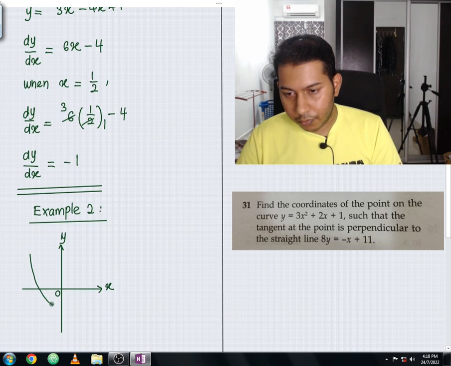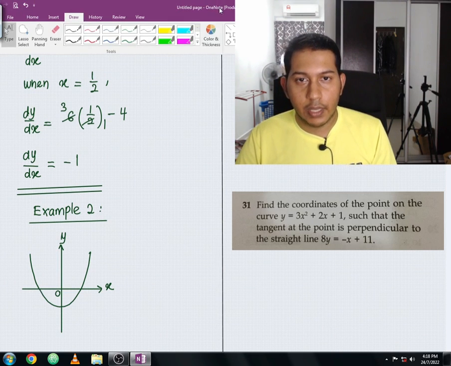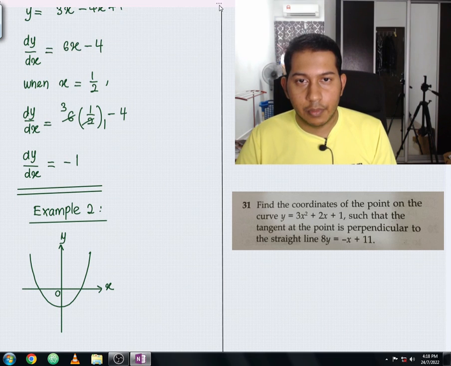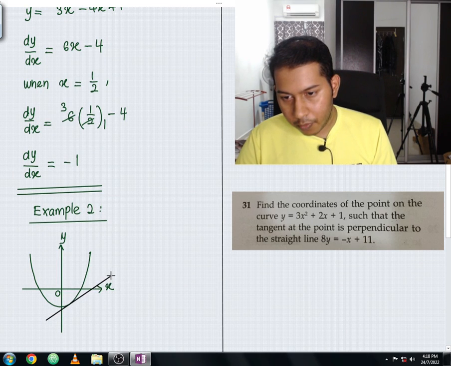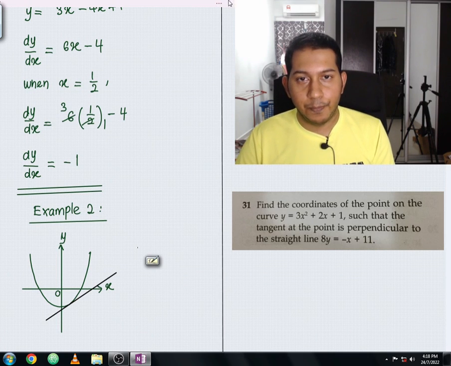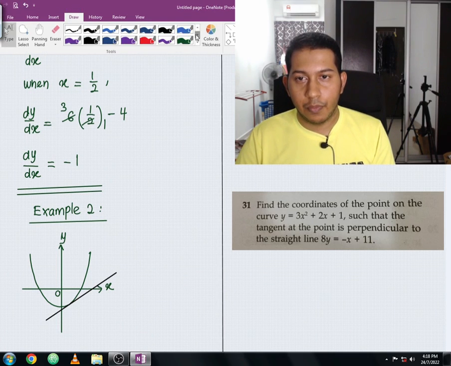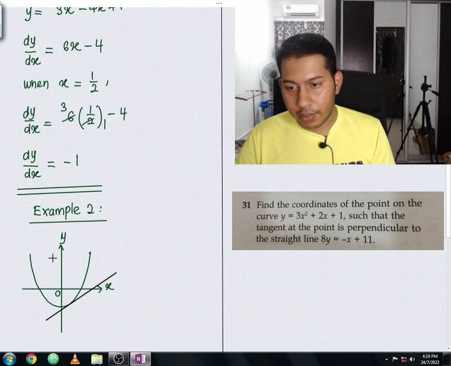So this is your curve line, and then let me draw the tangent. So this is the tangent line. The black color is indicating the tangent, and the purple one is indicating the normal or perpendicular line.